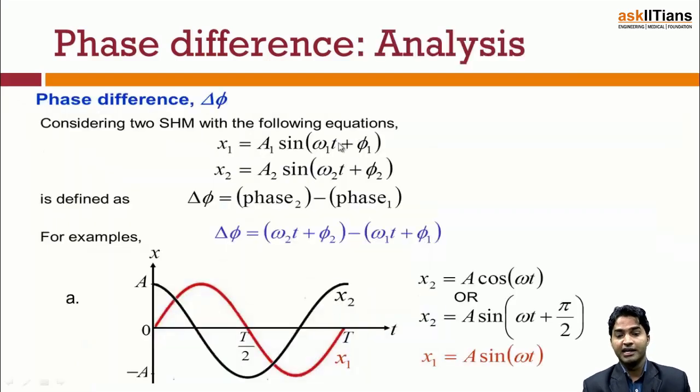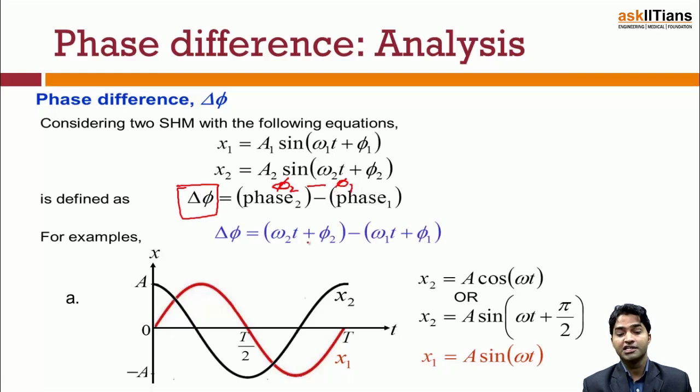Mathematically, we can discuss how we can find a relation. If we are given two equations, x1 is equal to a1 sin omega t plus phi 1, x2 is equal to a2 sin omega t plus phi 2, and we want to know the phase difference del phi, that is phi 2 minus phi 1.